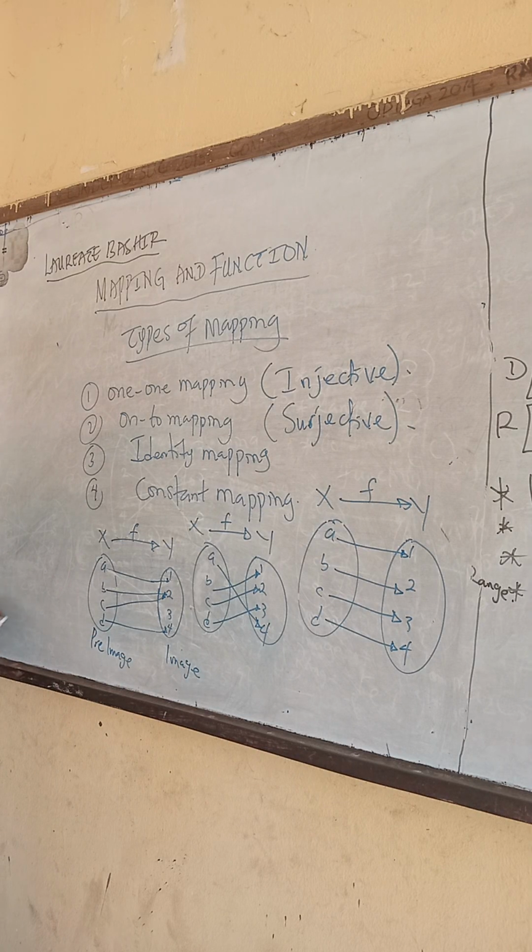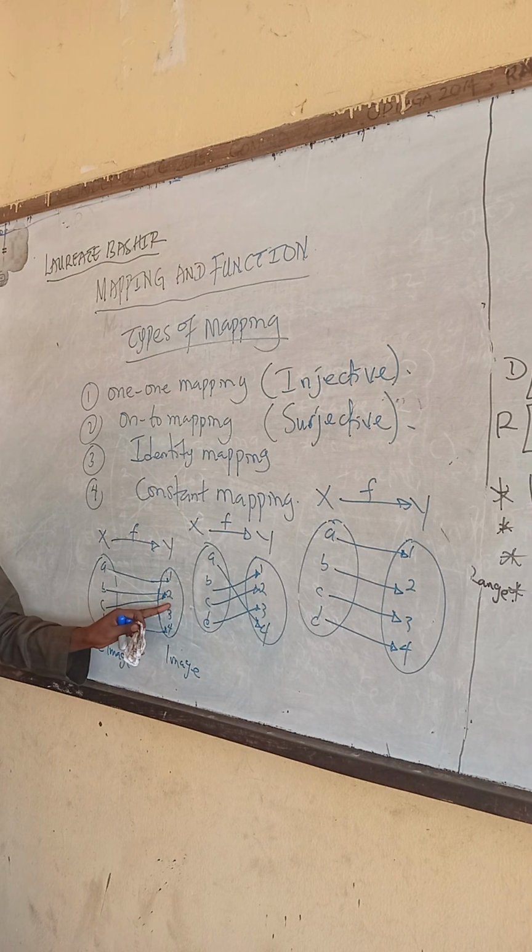So now look at this. This produces one image. B produces two, C also produces two. They are the same thing. But when you want to do the mapping, you cannot write 1, 2, 2. It's not possible. If B produces two and C produces two, and you want to represent it in a mapping form, you will not write two twice.